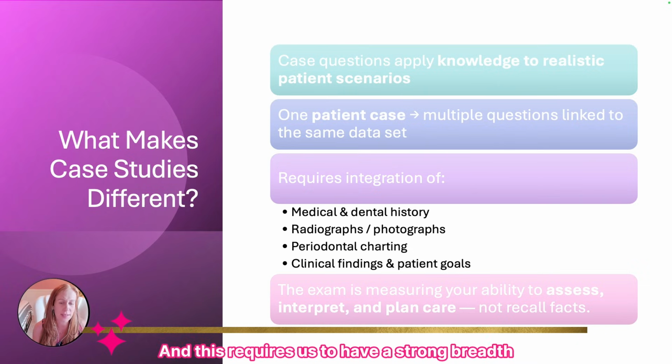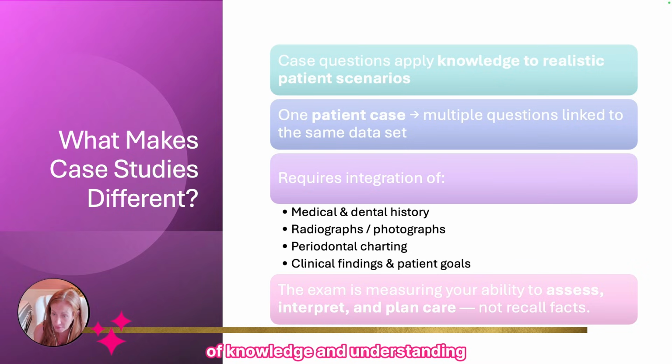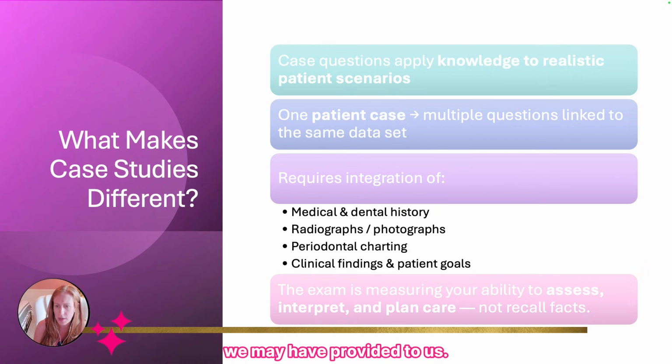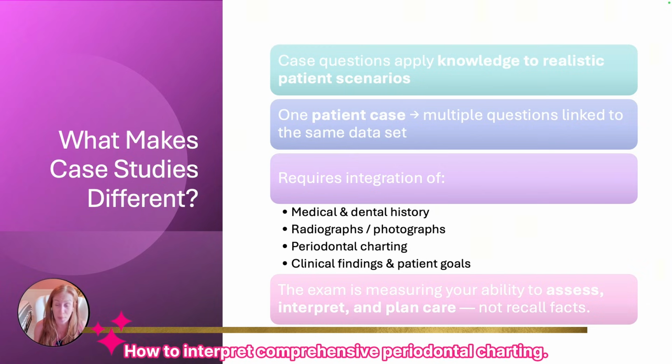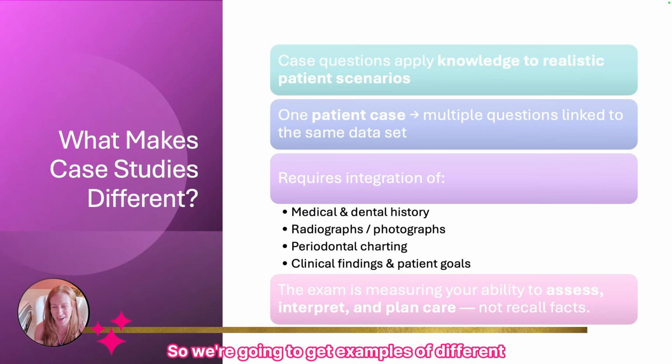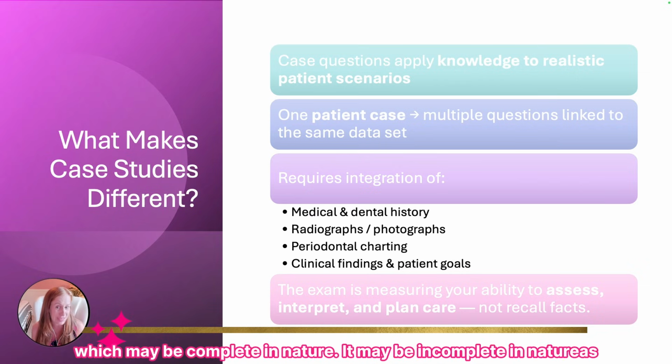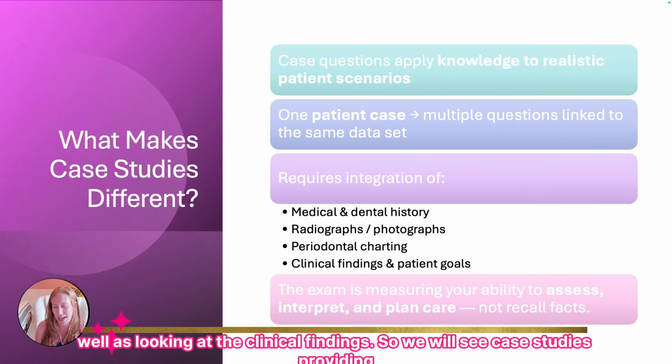And this requires us to have a strong breadth of knowledge and understanding in medical and dental histories, the interpretation of the provided radiographs or photographs. These could also be study models that we may have provided to us. How to interpret comprehensive periodontal charting. So we're going to get examples of different kinds of periodontal charting, which may be complete in nature, it may be incomplete in nature, as well as looking at the clinical findings.